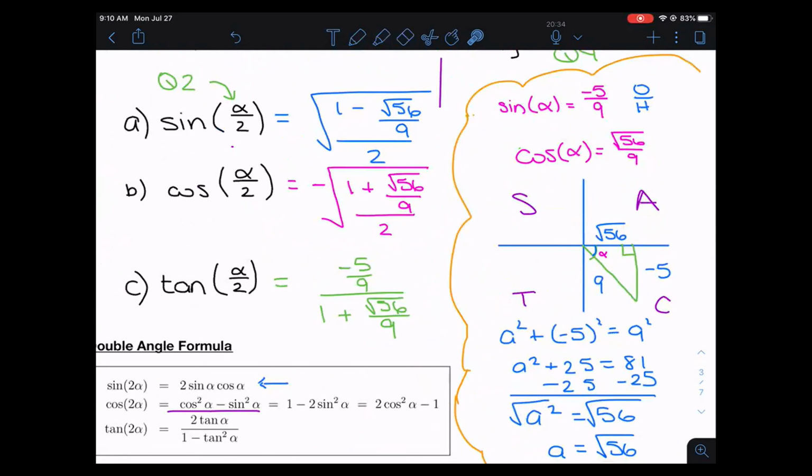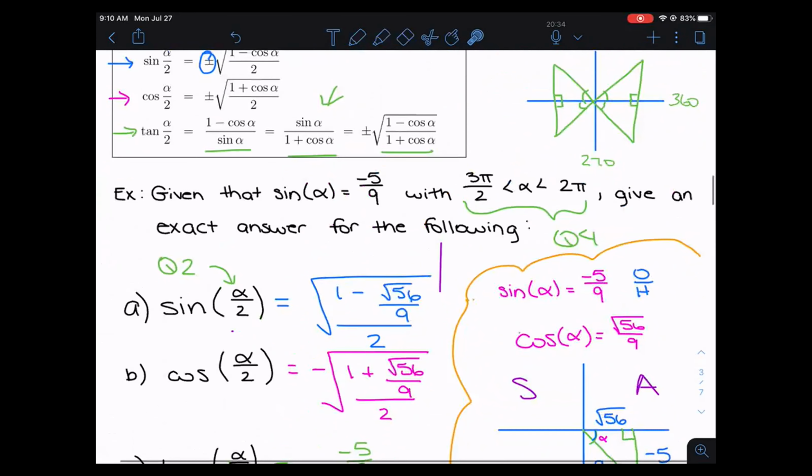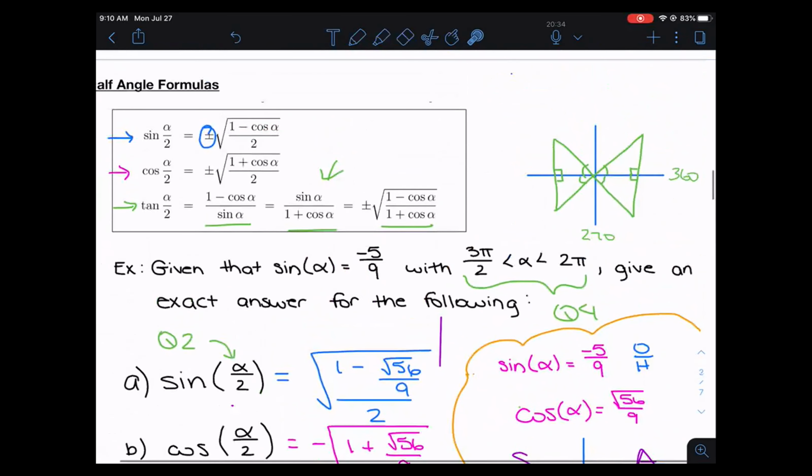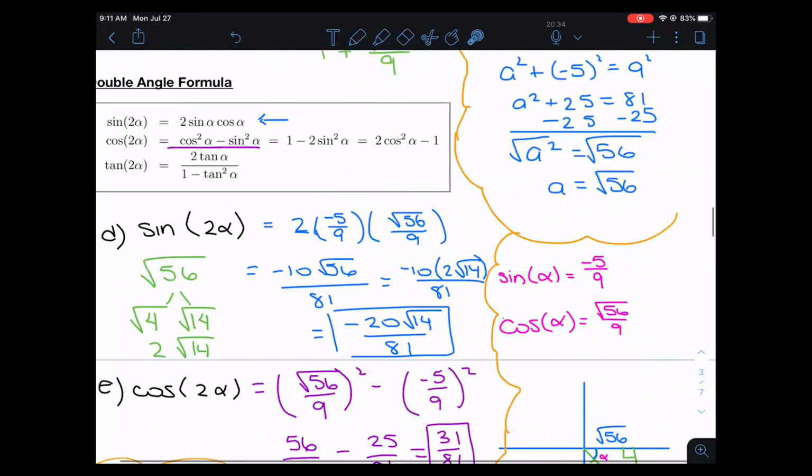And then from here, what we actually need in order to find this is cosine. So that's the reason why we had to do all of this, because we need to identify what cosine is. Since we need to identify what cosine is, we can easily do that just by finding what adjacent is. Remember that cosine is adjacent over hypotenuse, so that's just the square root of 56 over 9. And then you can do the same thing with tangent.